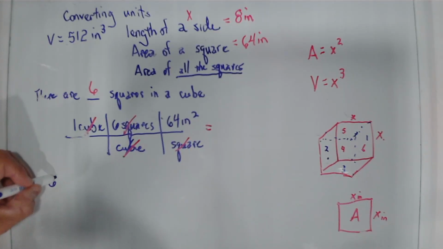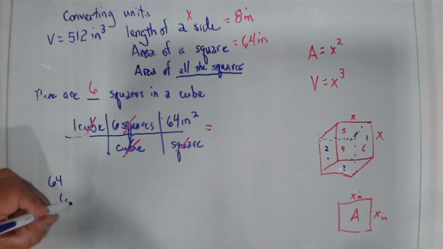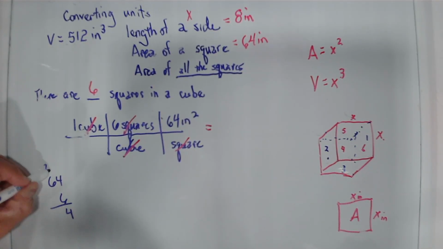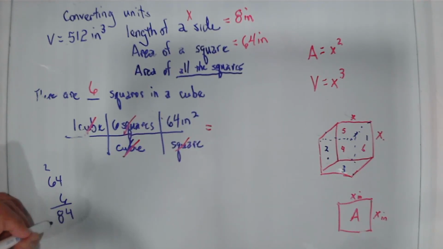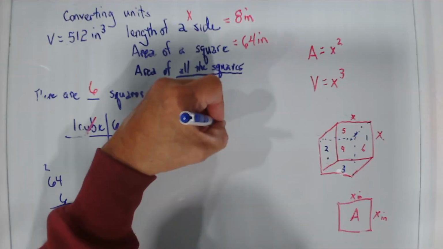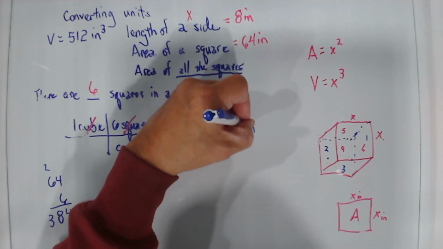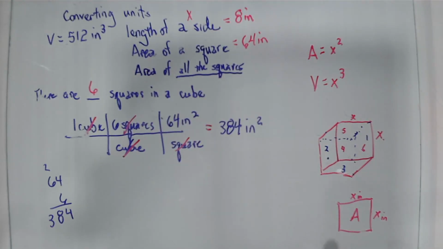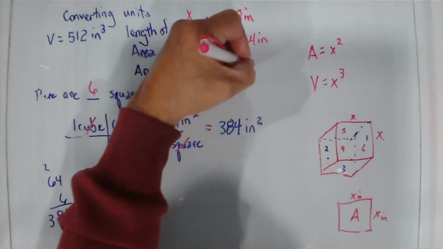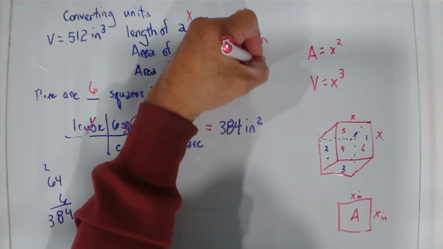If I do that really quick, 64 times 6, 6 times 4 is 24, 6 times 6 is 36, plus 2 is 38. So that would end up being 384 inches squared. So that's if we added all those up. So we have our answer here.